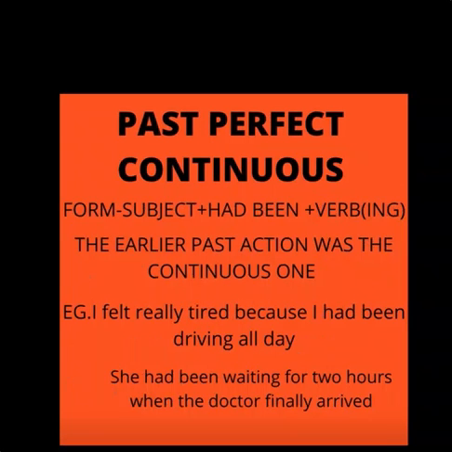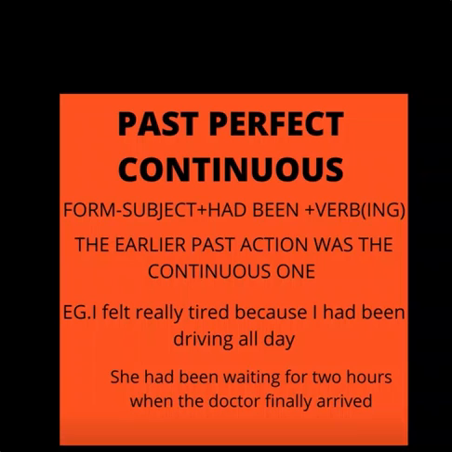Next is past perfect continuous. The form is subject plus had been plus verb should be used in ing form. The earlier past action was the continuous one. For instance, I felt really tired because I had been driving all day. I'm really tired.